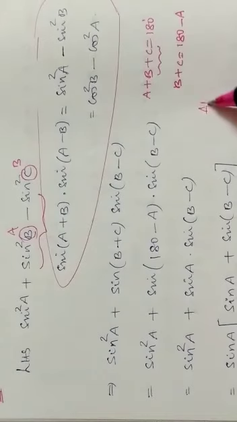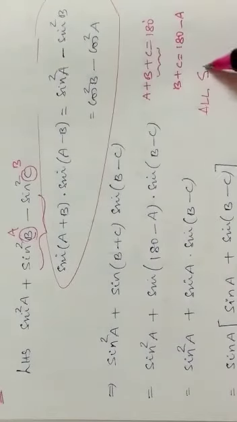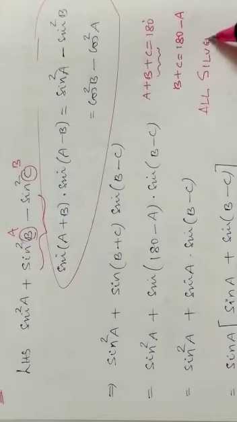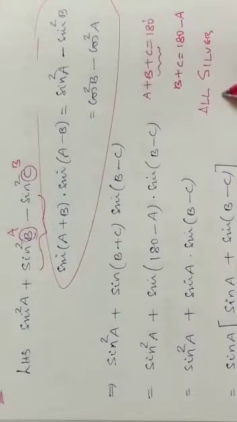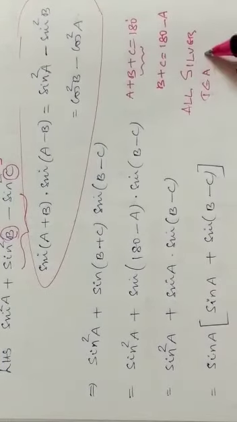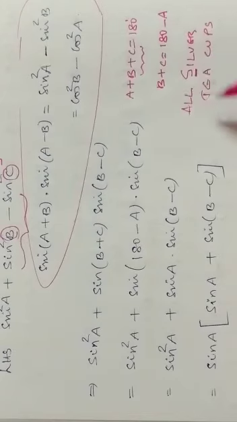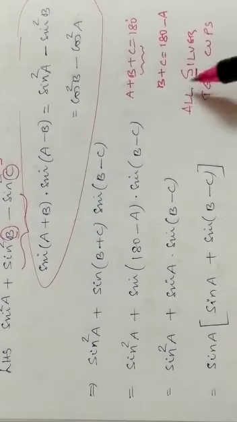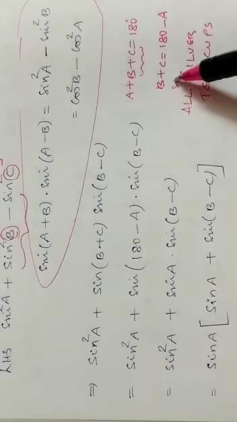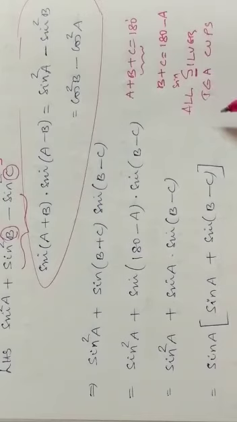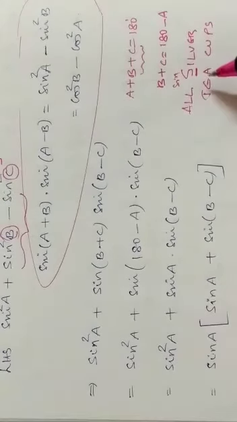All represent the first quadrant, Silver the second quadrant, Tea the third quadrant, Cups the fourth quadrant. So the first letter S means sin is positive.